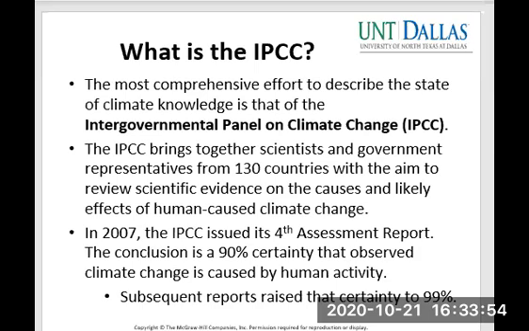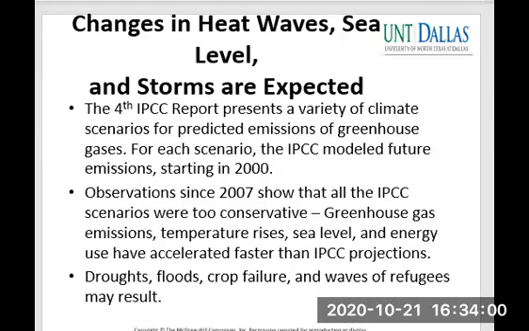Some other reports also raised this certainty to 99%. The report submitted by the IPCC also reflected some scenarios for predicted emission of greenhouse gases. For each scenario, the IPCC modeled the future emissions starting in 2007.